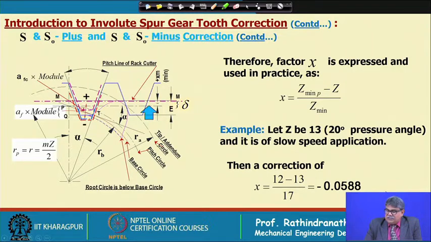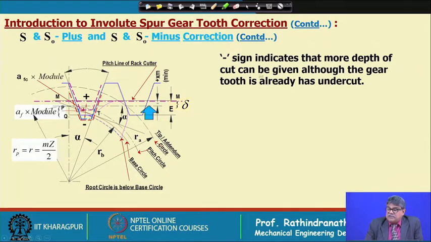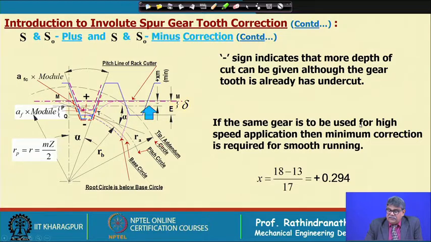That means, we can give this much minus correction, that means we can further deepen the cutter and allow the undercut. This minus sign indicates that more depth of cut is given. As I told, there will be no harm, although it is not necessary to give these minus corrections, it is shown that even minus correction can be given.